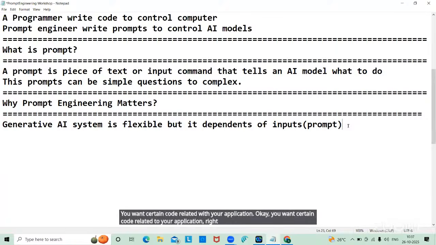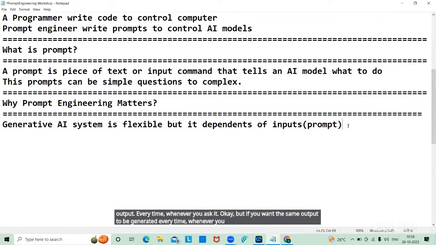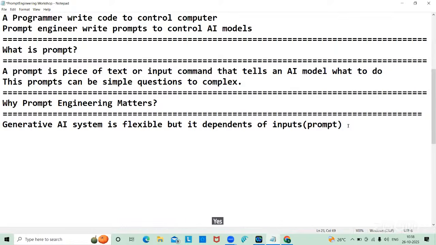Then how you communicate with the generative AI system is important, because it may not give the same output every time you ask. If you want the same output generated every time, then your prompt should be accurate.